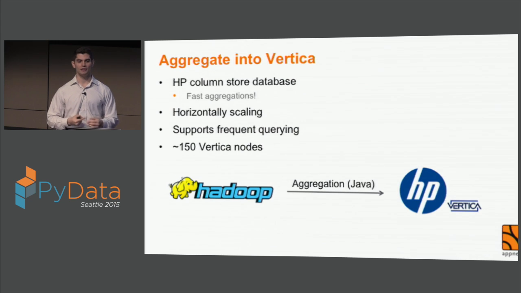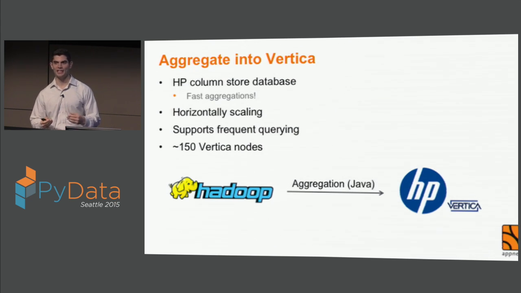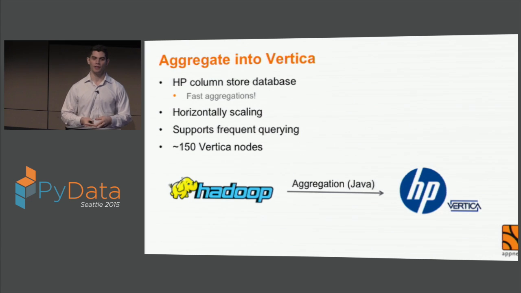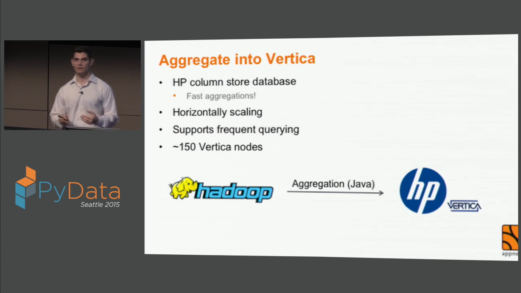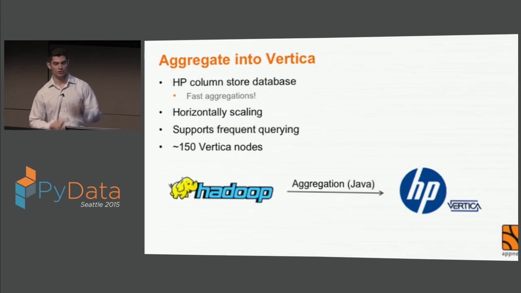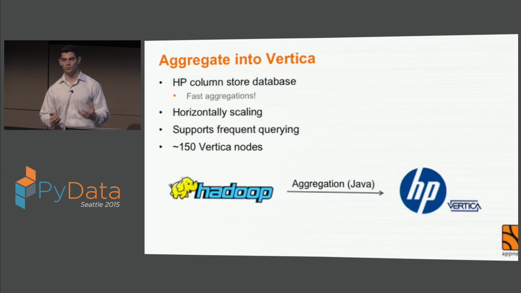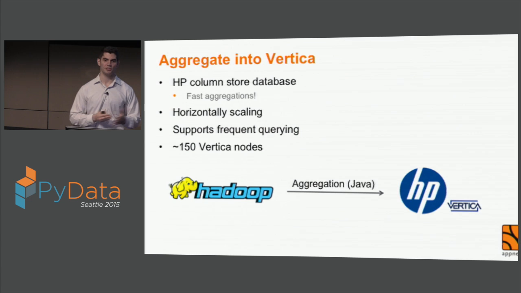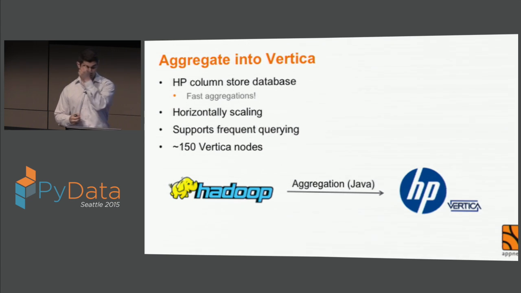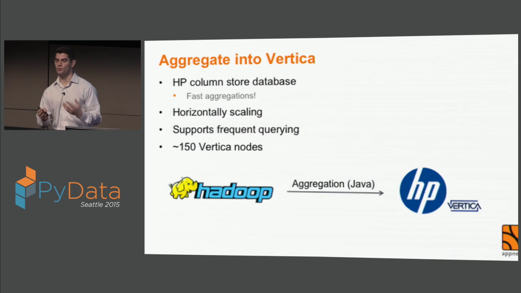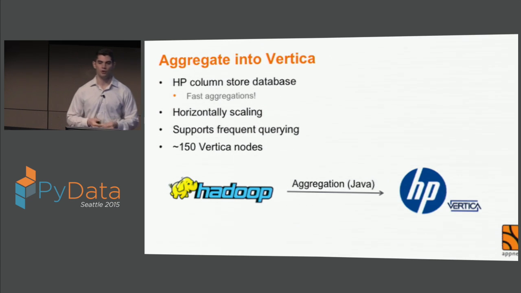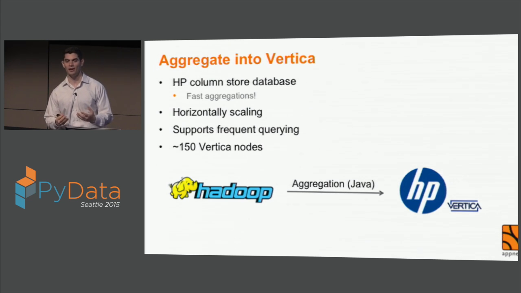I mentioned Vertica. Vertica is an HP product. It's a column store database, which means it's very good at performing fast aggregations across columns. Vertica is also horizontally scaling, which is one of the big reasons we use it at AppNexus. Early in the history of AppNexus, we experimented with other databases for storing this aggregated form of raw data, and found that a lot of different solutions didn't scale as well as we needed.